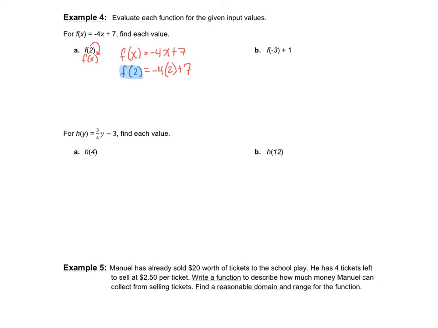So we can just keep carrying it down, or we can just continue the problem and drop it down for the final answer. So negative 4 times 2 is negative 8 plus 7, which is negative 1. So now I can say f of 2 is equal to negative 1. So I'm just plugging in a value like we've always done.